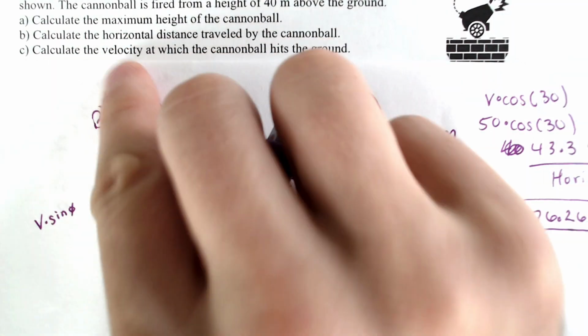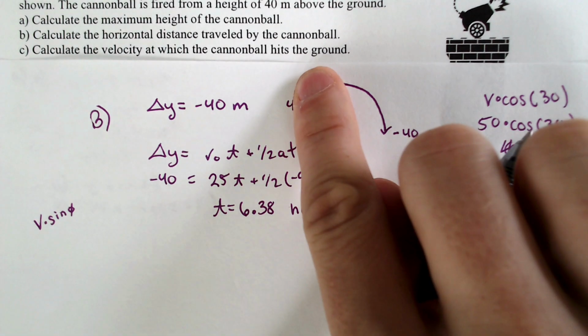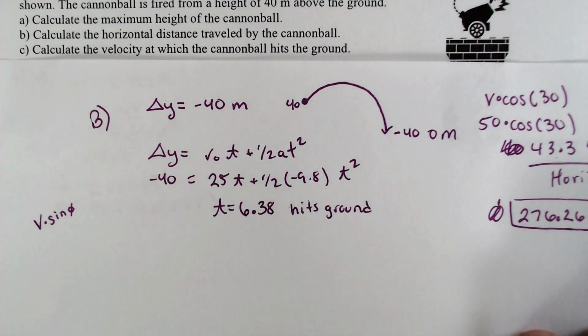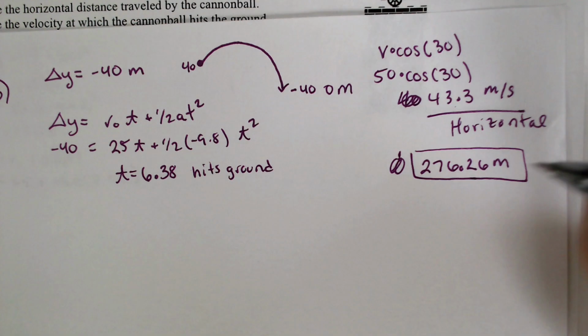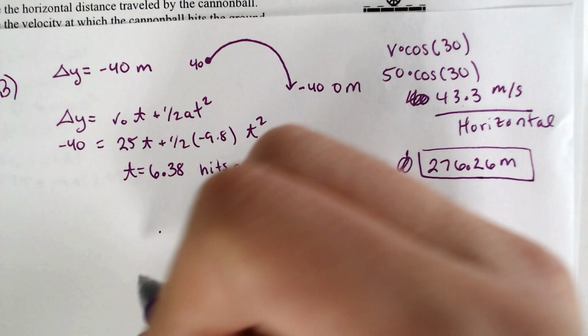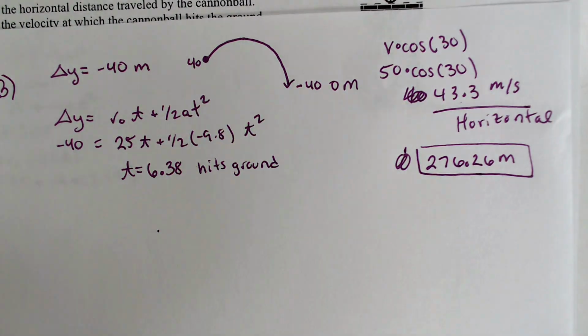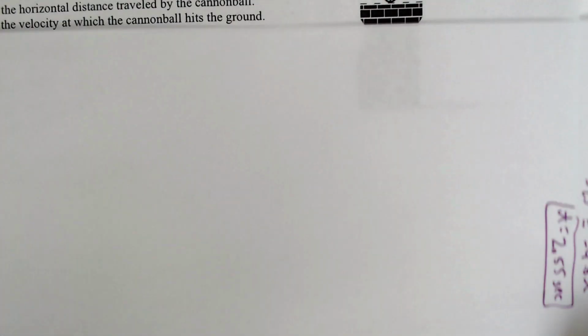For part C, calculate the velocity with which the cannonball hits the ground. This is going to be the hardest part of this, because we would need to understand the triangle that was occurring on the way up and the way down. So I'll rotate my paper again.